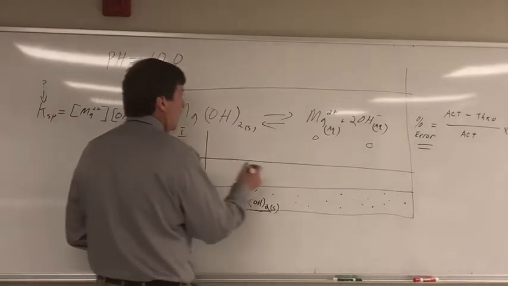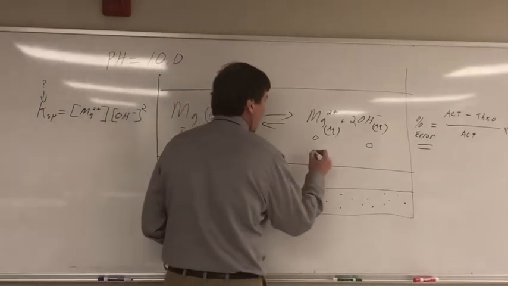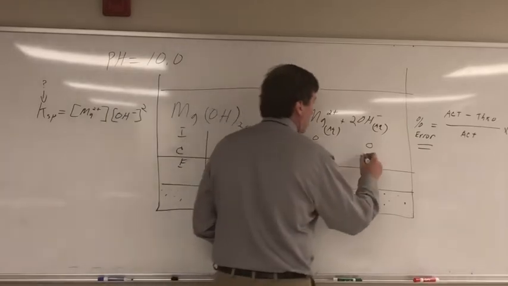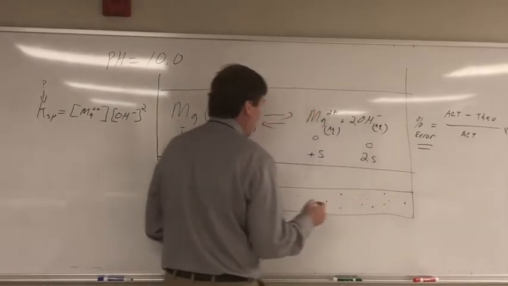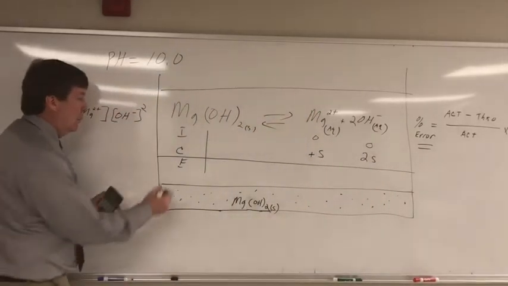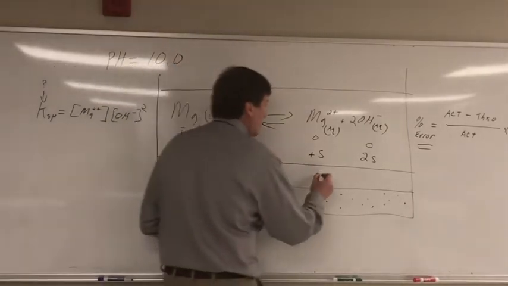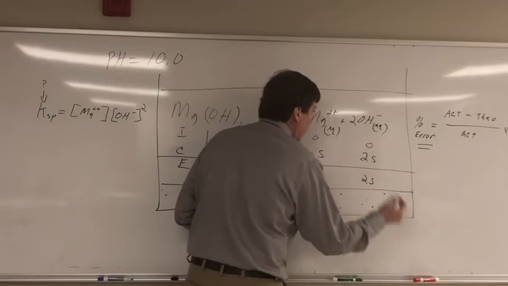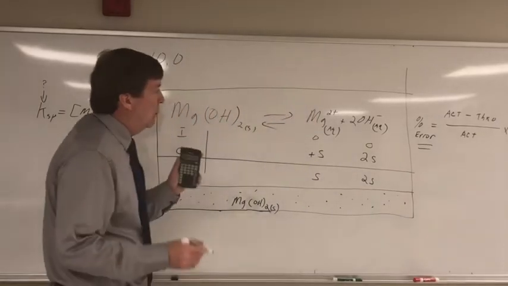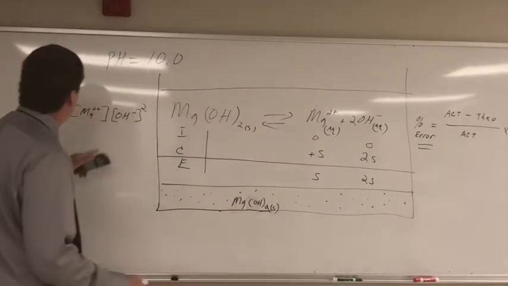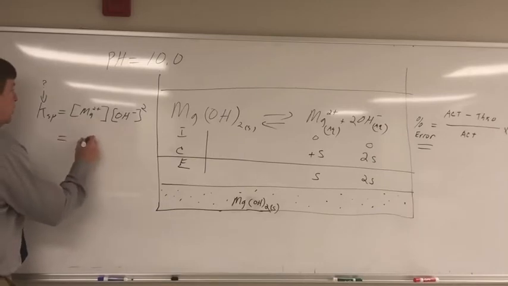Notice this is going to increase by a factor of s, and this is going to increase by a factor of 2s. At equilibrium, we have s and 2s. So let's put s and 2s into our Ksp expression here.